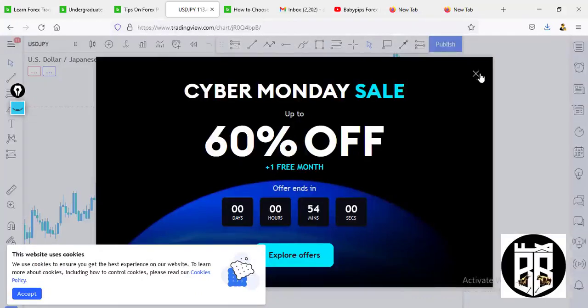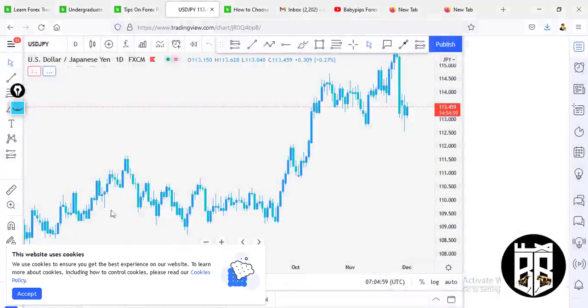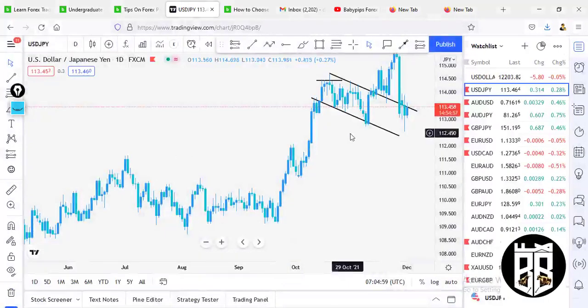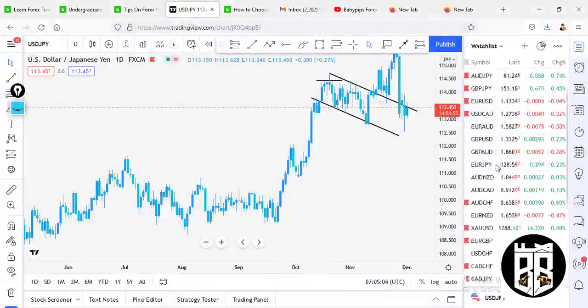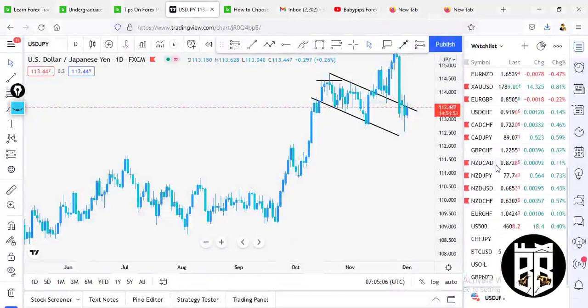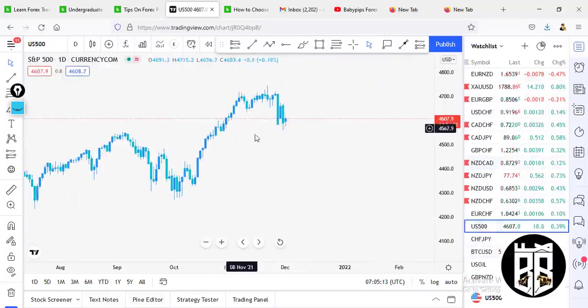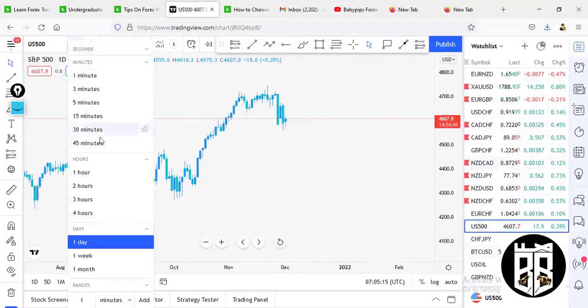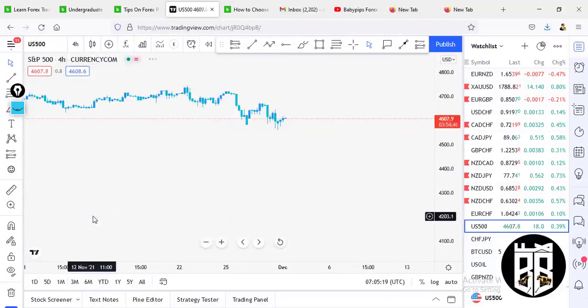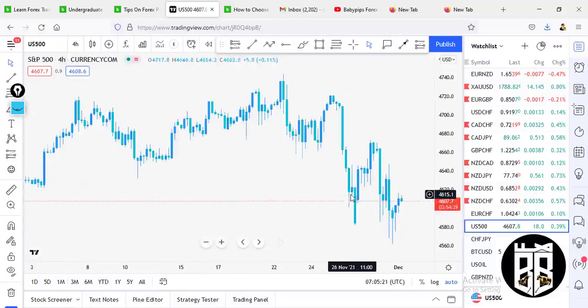Okay, so we are looking at US 500. So here it is. This is the daily chart, and I am looking at the 4-hour chart the other time, right?